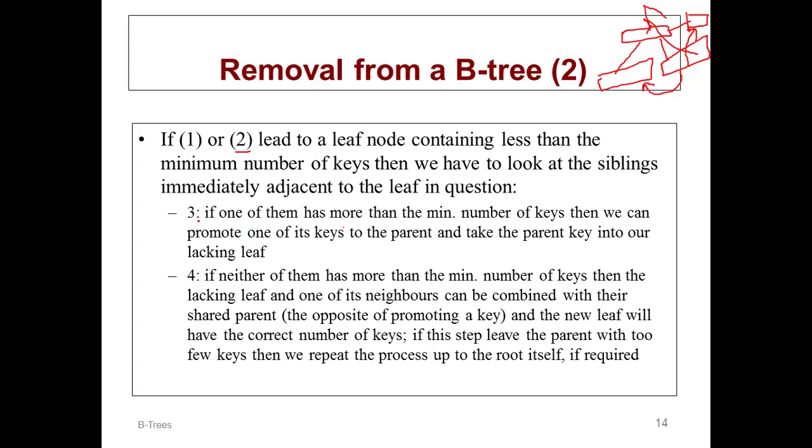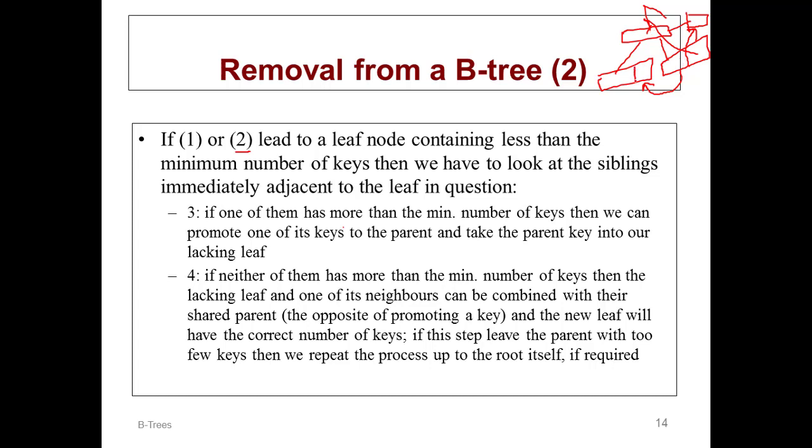For example, point 3 says if one of the siblings has more than the minimum number of keys, then we can promote one of its keys to the parent and then take the parent key into our lacking leaf. For example, this is the node from where the promoting has caused the deficiency of keys.